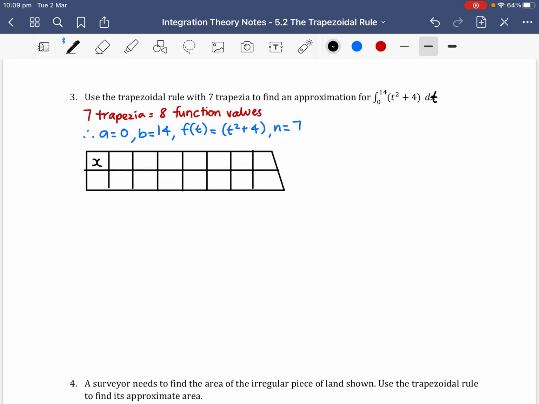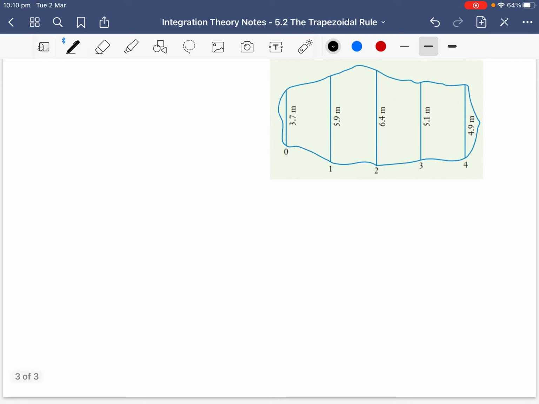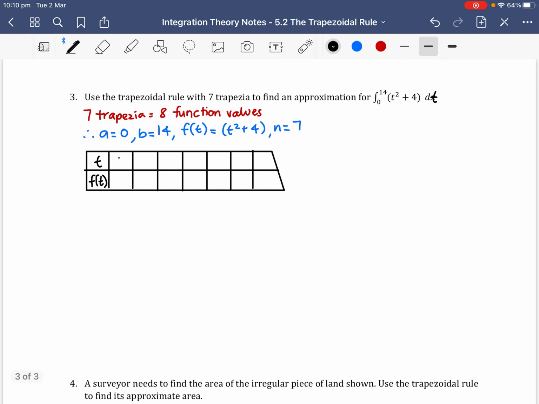Okay, where this is our x, this is our f of x, or sorry, it's our t in this case. Oops, did not mean to rub that all out. So our smallest t will be 0 and then 14, and then we need even intervals in between. So this will be going up by 2s. So 2, 4, 6, 8.